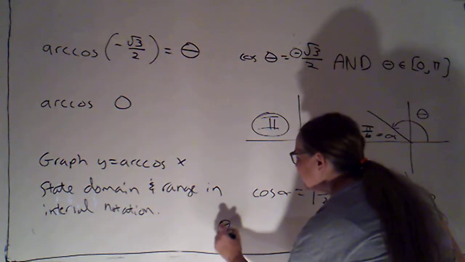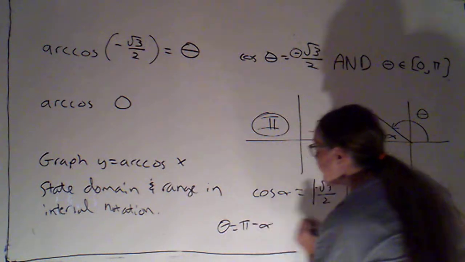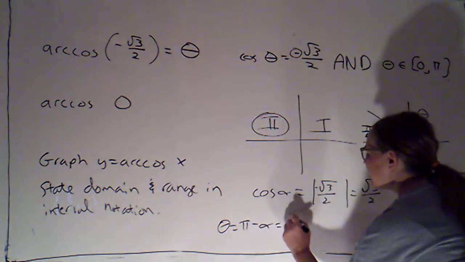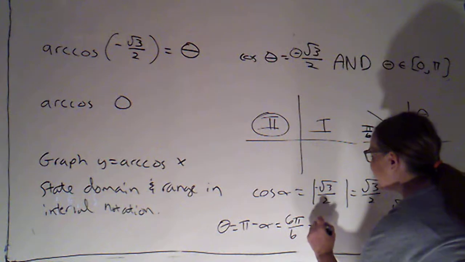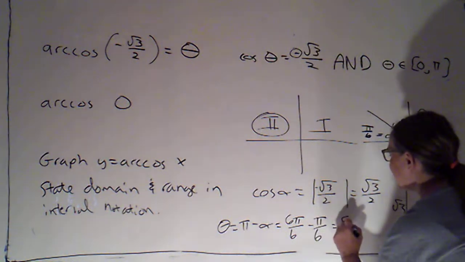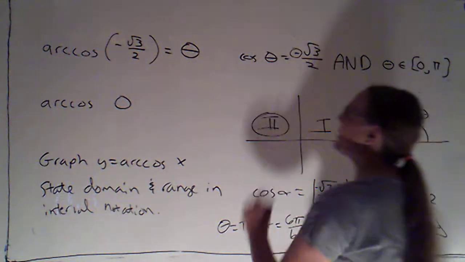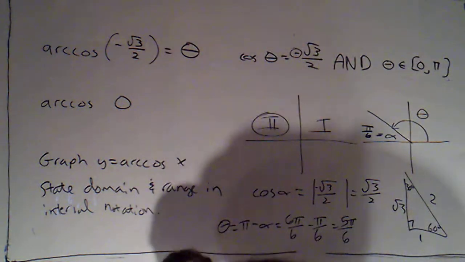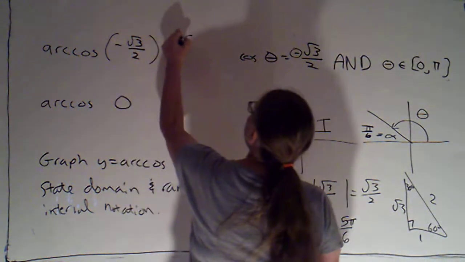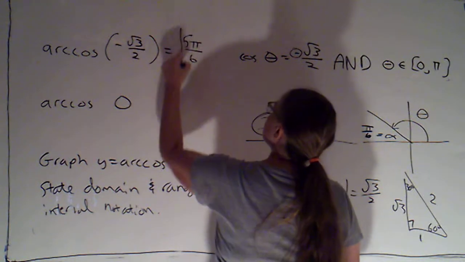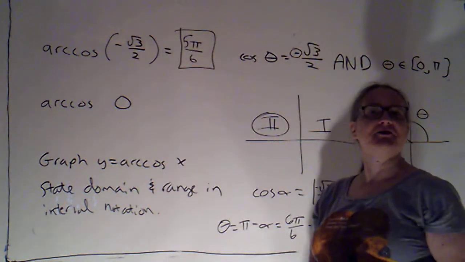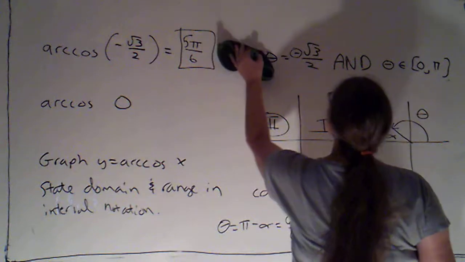So theta was pi minus alpha, so I'm going to write it as 6 pi over 6 minus pi over 6. That's going to be 5 pi over 6. Okay, so I'm going to actually just write that in. That's 5 pi over 6, and we can box that answer. Gotta love it.